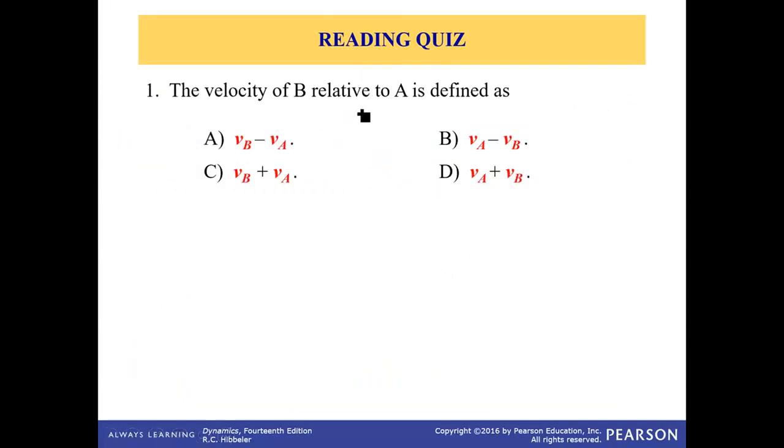So the velocity of B relative to A, B slash A, can be written as velocity of B, and an easy way to remember that is to change the slash sign to negative and just write VA. So V numerator, then change the slash to negative, minus the denominator. Okay, so the correct answer is A.